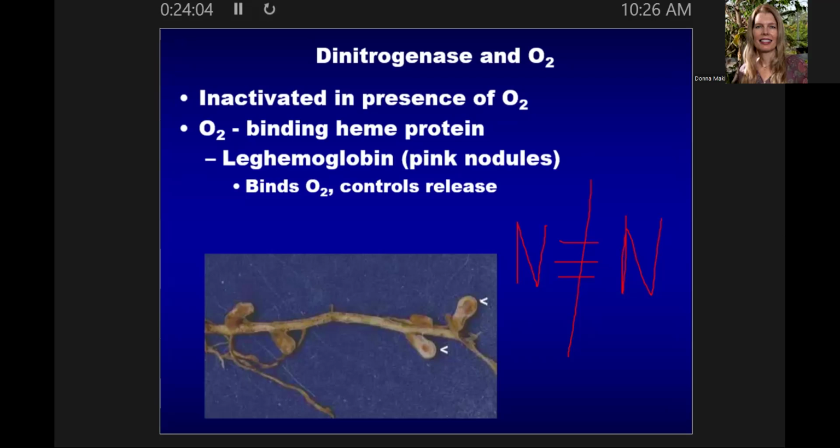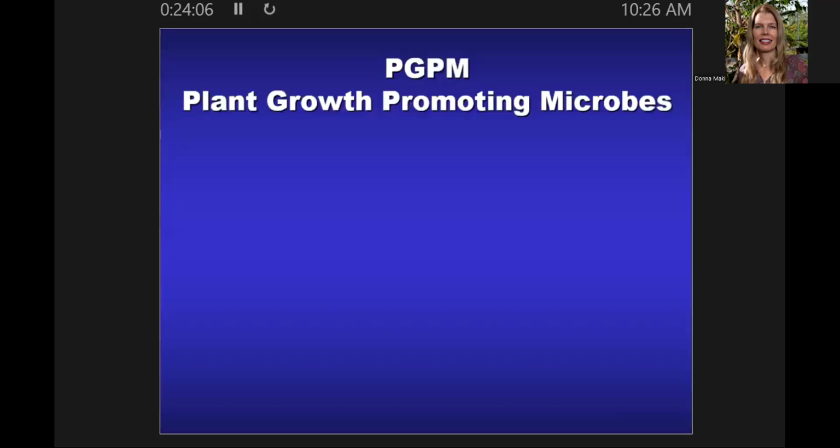Okay, anyways. All right, so another topic I'm going to introduce, and then we'll switch into talking about the exam in a little bit here. But I wanted to at least introduce this concept. We've kind of been talking about it because certainly nitrogen fixing and mycorrhizal fungi all fit into this category.